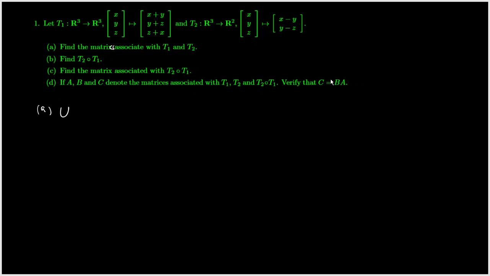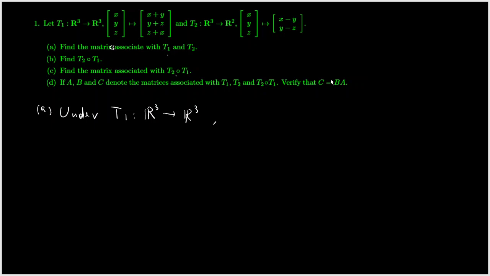Under T1, T1 is from R3 to R3. To get the matrix associated with a linear map, we need to get outputs for the standard basis vectors.